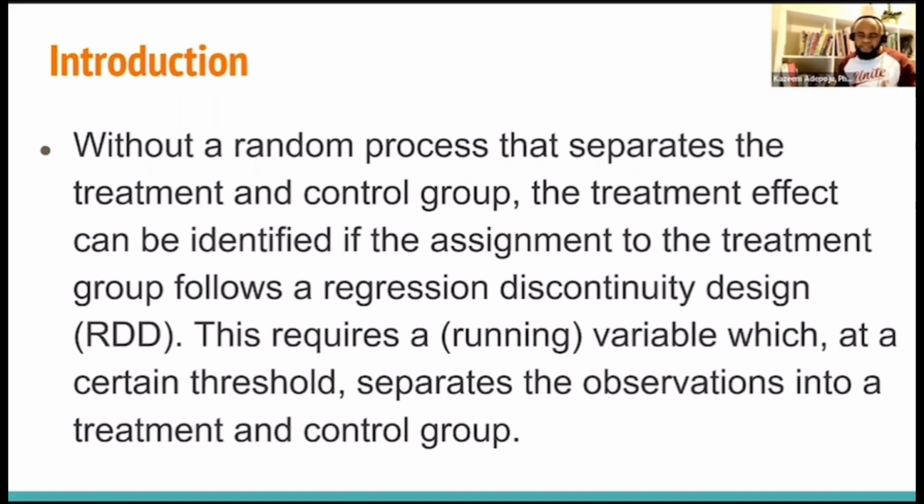In most situations, what we do is partition or assign participants into different groups, like a control group and an experimental group, using the principle of randomization. We call that an experimental design, an experimental study per se.